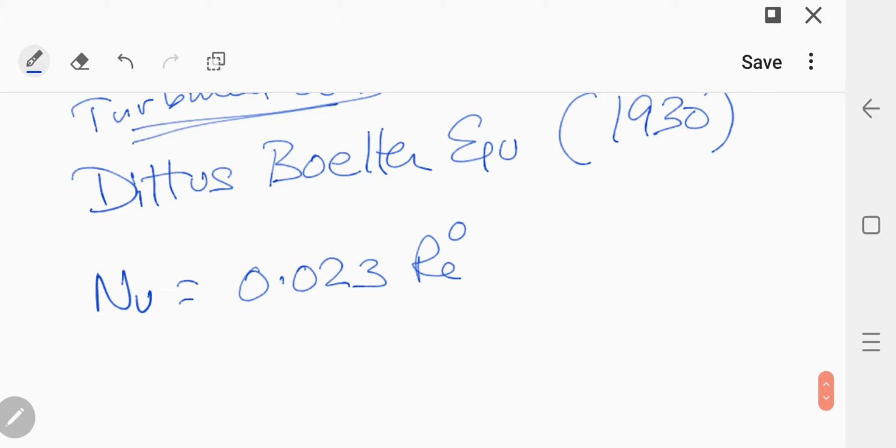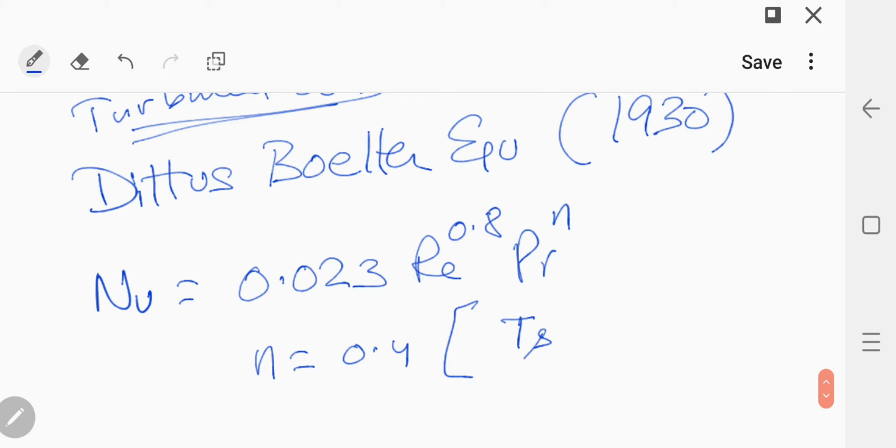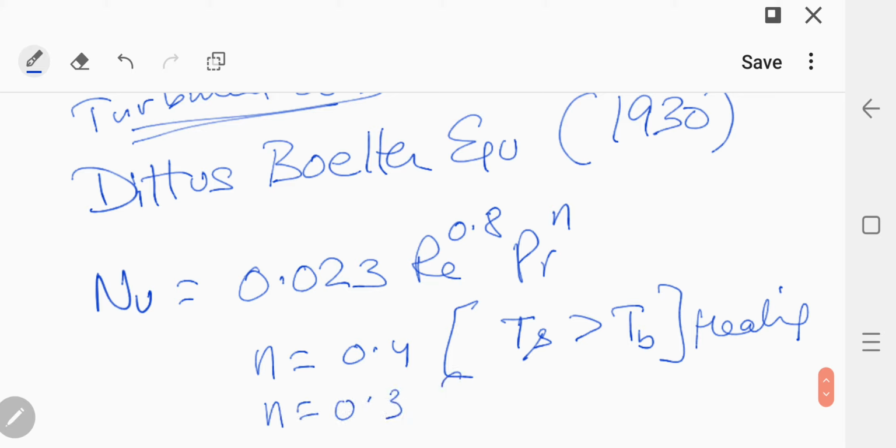and it is Nusselt number is 0.023 Reynolds number to the power 0.8 and Prandtl number to the power n, where n is 0.4 subject to the condition that surface temperature is greater than Tb, that is heating, and n is 0.3 for Ts less than Tb, that is cooling conditions.